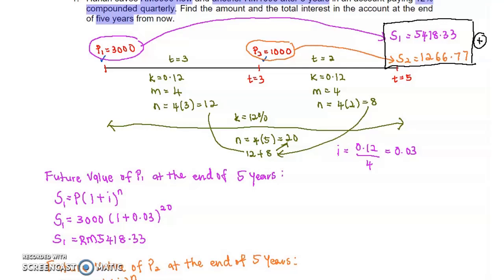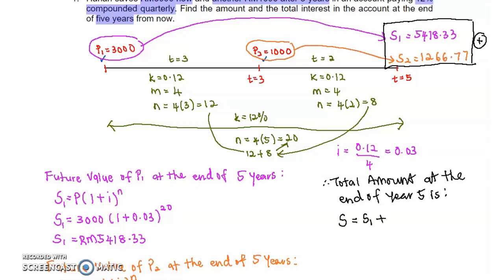So your answer will be, so the total amount at the end of year 5 is S equal to S1 plus S2, because just now we have two principles.